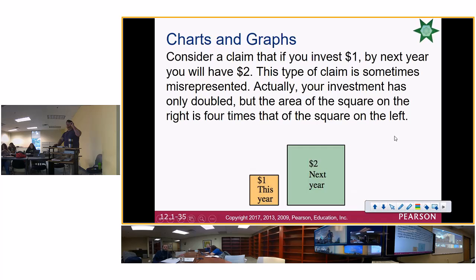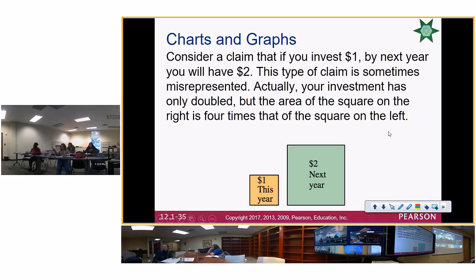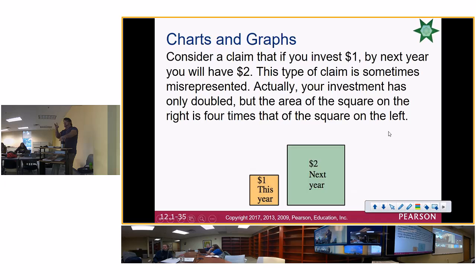Knowledge is power. What's wrong with this one? Somebody tell me what's wrong with this one. Well, how many yellow boxes can fit in the green box? 2, because it's 1 year and 2 years. You can fit 4 of those in there, but what's the difference between 1 and 2? It's only double. But the green box is 4 times the size of the yellow box. You see where people can get bamboozled?